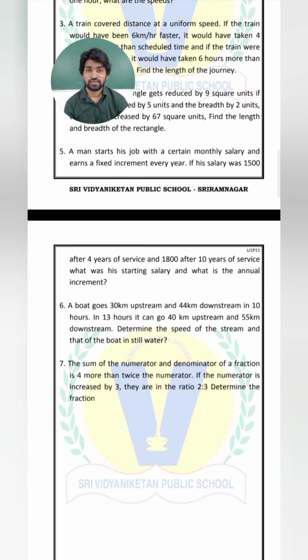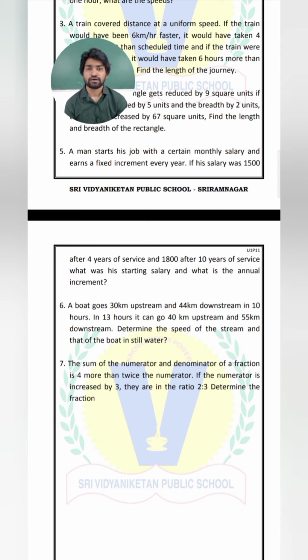If his salary was 1500 after 4 years of service, so the first year he has his salary as x, plus after the first year he will get some increment. After how many years now? 4 years. So x plus 4y is equal to 1500. That is our equation 1.